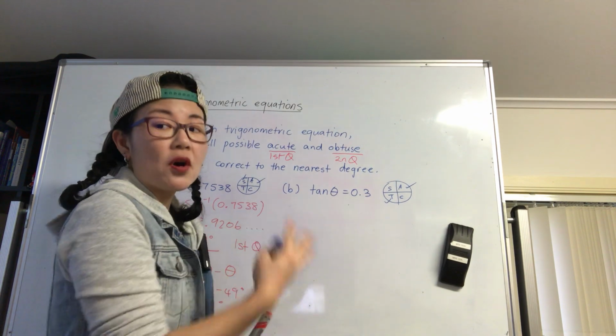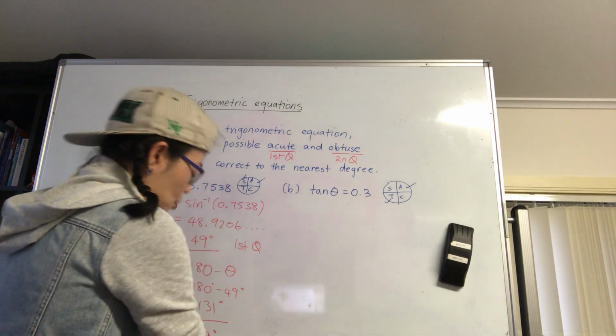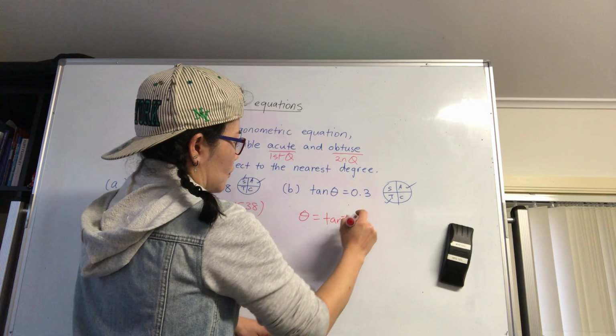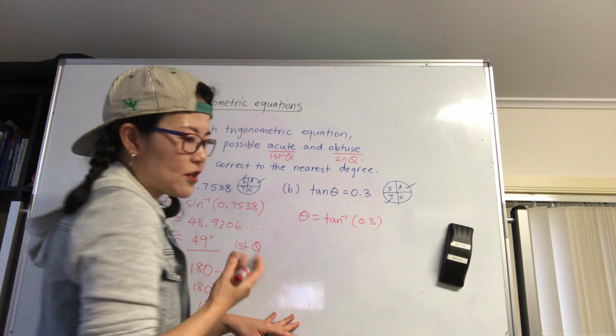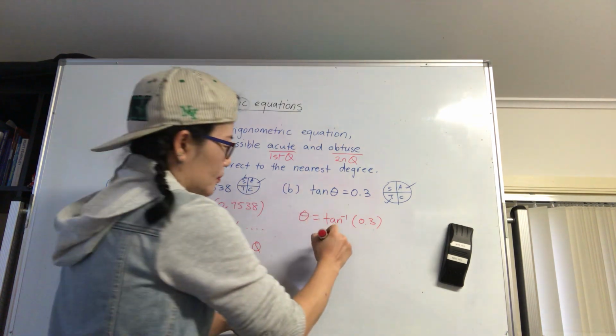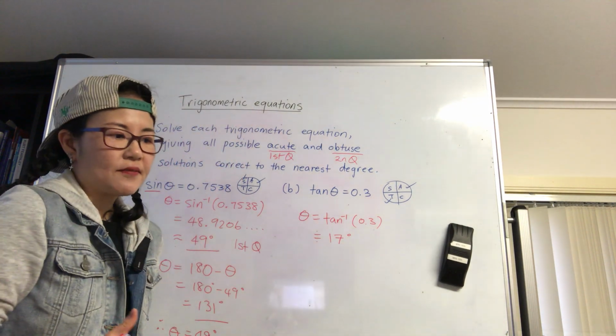Tan is positive, okay? So theta equals tan inverse 0.3. If I do that, I will get something like 17 degrees in the calculator.